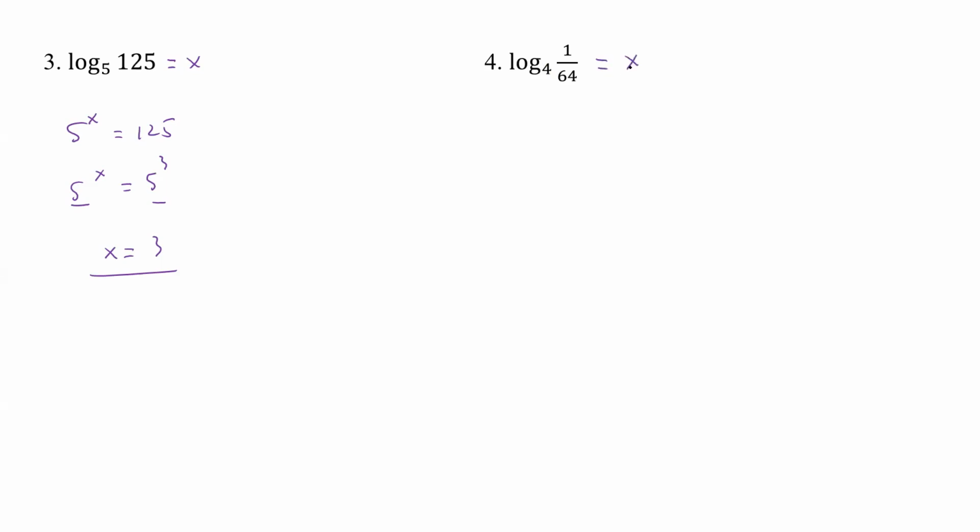I take the base to the x, so 4 to the x equals 1 over 64. At this point, we have to convert. 64 is 2 to the 6th, but it's in the denominator, and if I want it in the numerator, that becomes 2 to the negative 6. Well, 4 is 2 squared, raised to the power x, so that's 2 to the 2x.